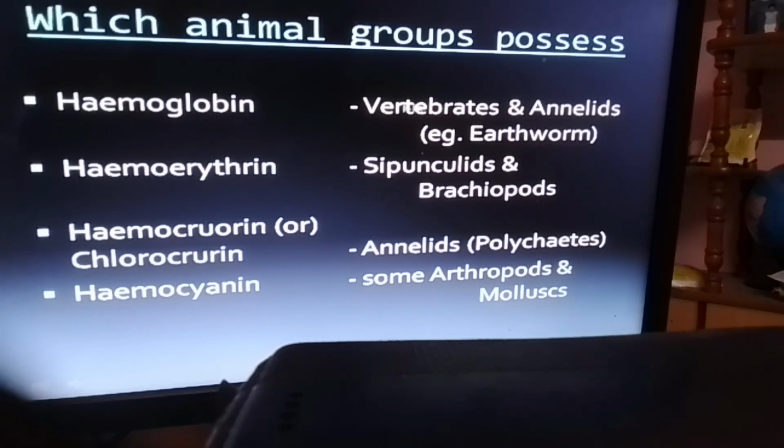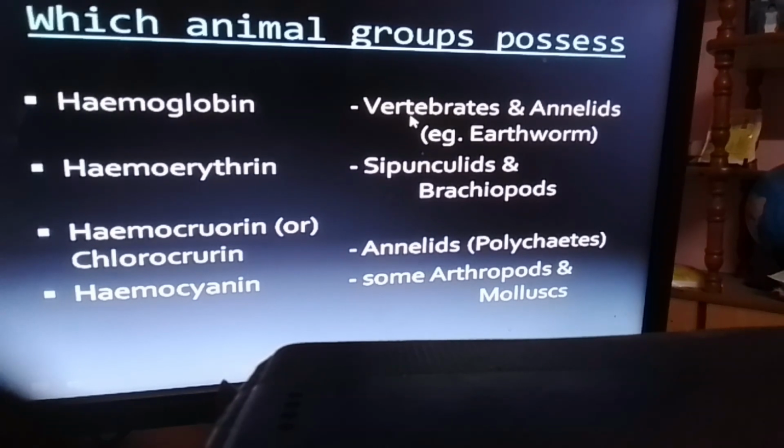Anyway, here itself I want to tell you in what form this hemoglobin may be present in either vertebrate or annelid. Among vertebrates, the hemoglobin is present within a cell, that is the RBC, red blood corpuscle, within which there are millions of hemoglobin molecules.